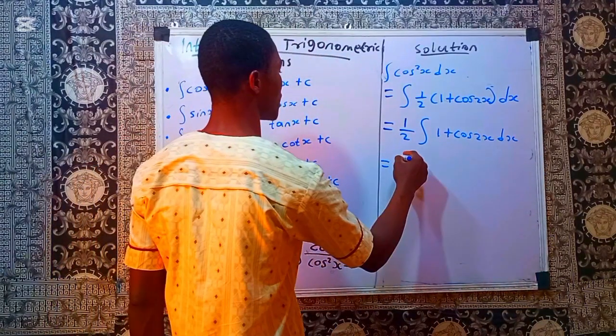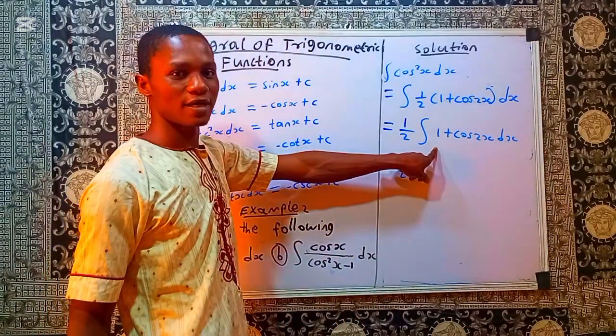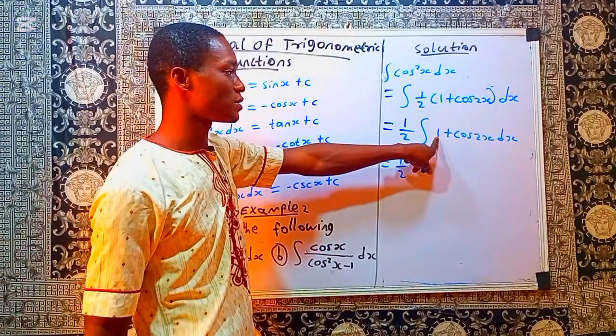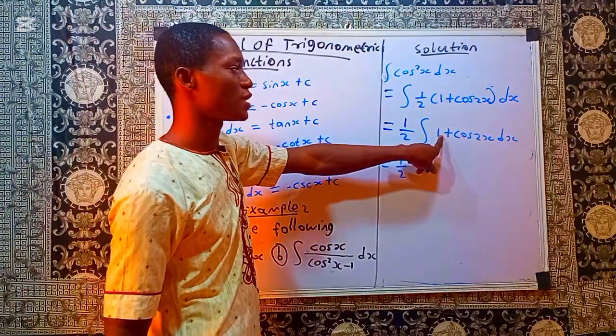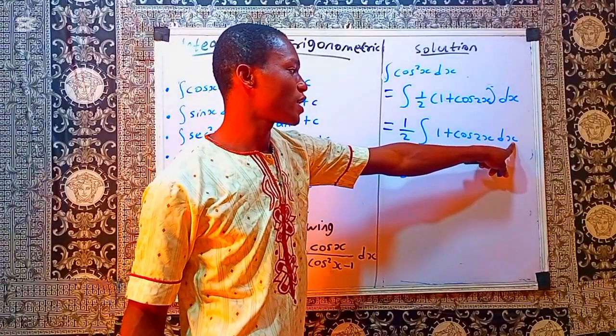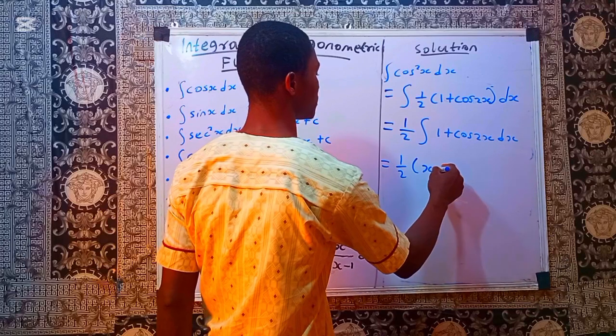So this will be half of, we can evaluate the integrals. If you integrate 1, a constant, it will be this constant multiplying the variable we are integrating with respect to, x. So it will be 1 multiply x, which will be what? x.